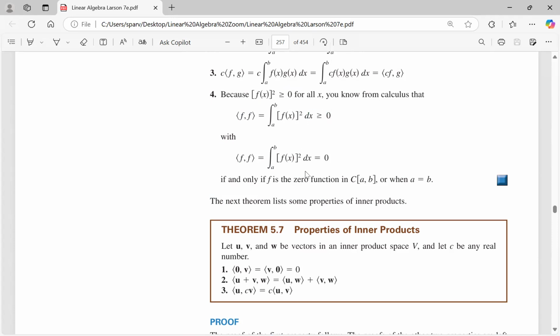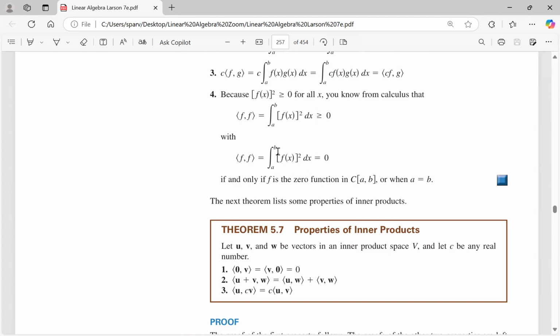So there's positivity. How can this integral, f dot f, be 0? Well, the only way this integral can be 0 is if the function is the 0 function in the set of continuous functions, or when a is equal to b.